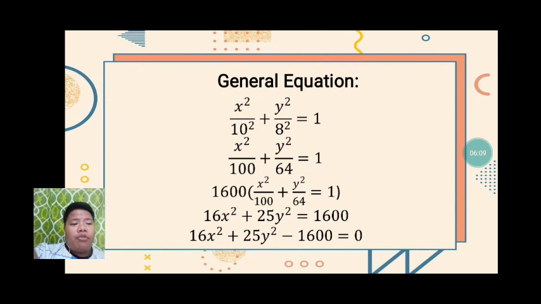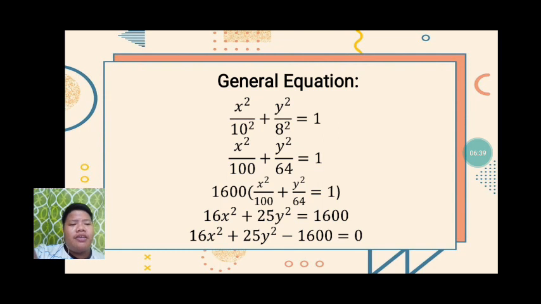Just multiply it to both sides. 1,600 times x squared over 100 is equal to 16x squared, plus 1,600 times y squared over 64 is equal to 25y squared, is equal to 1,600 times 1, which equals 1,600.